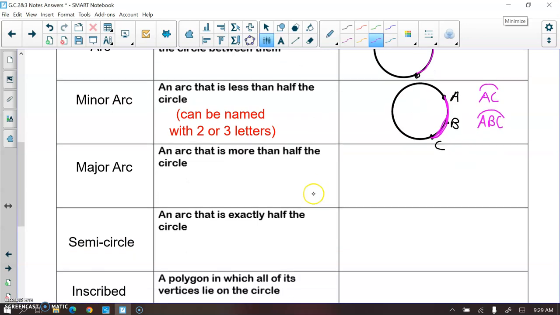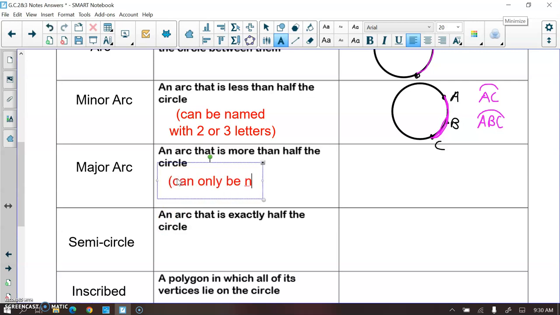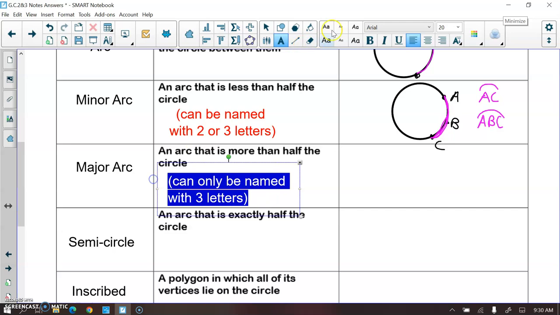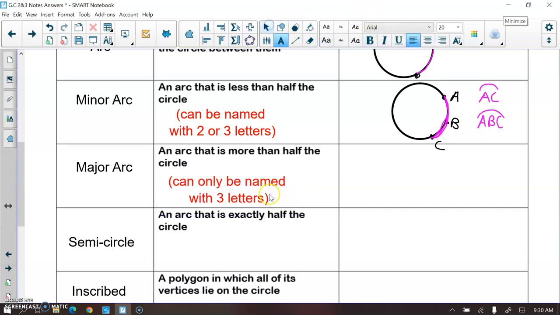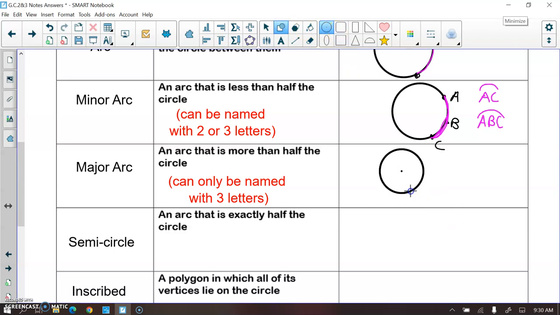A major arc is an arc that's more than half of your circle, and a major arc can only be named with 3 letters. So a major arc could look something like this.